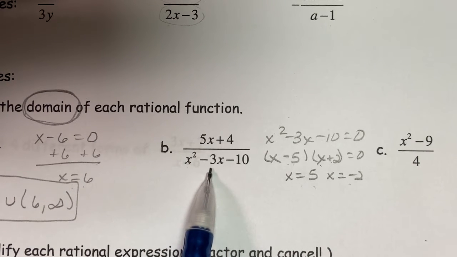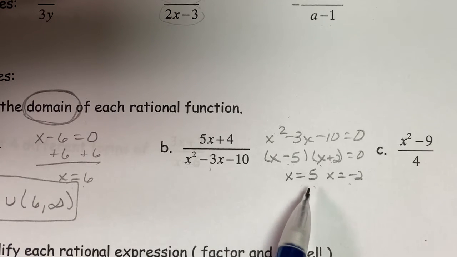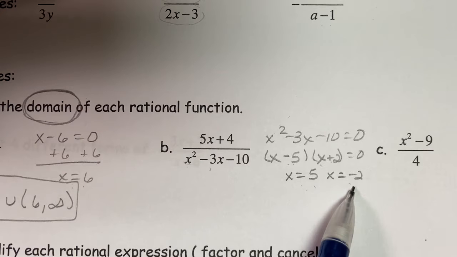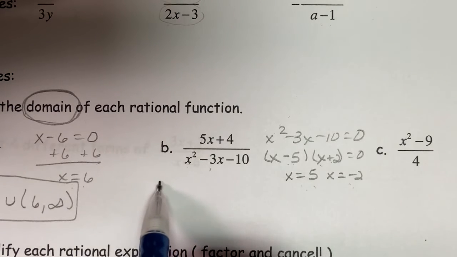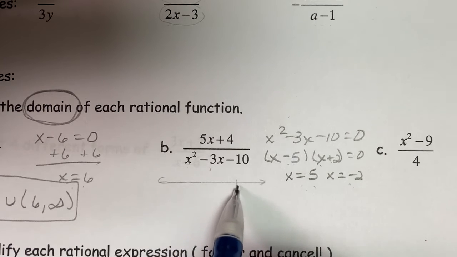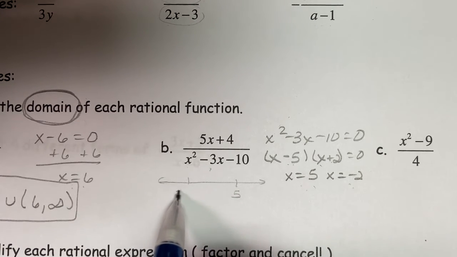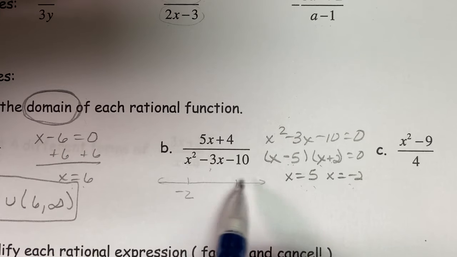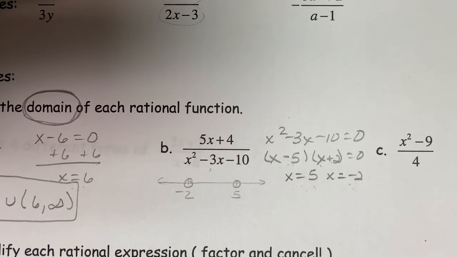So my domain would be all real numbers except for 5 and negative 2. Now, if we just quickly look at a number line, let's look at what that means. Here's 5 and here's negative 2. We want all of the numbers except for those two numbers.